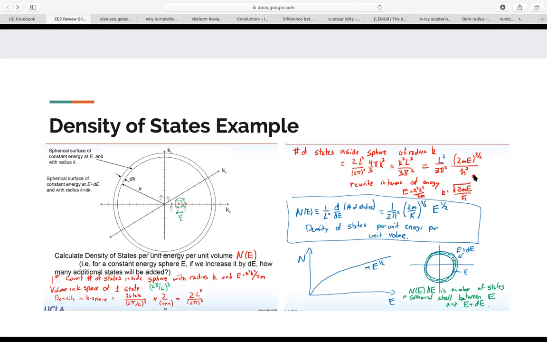Then you take the derivative with respect to energy to get the density of states per unit energy per unit volume. Any questions? All right, moving on.